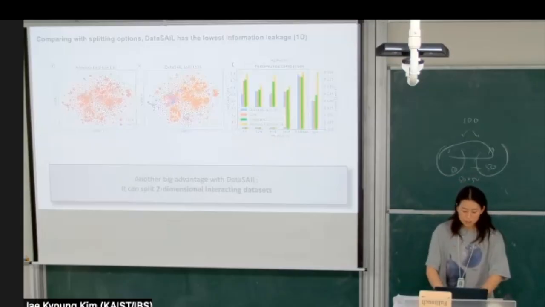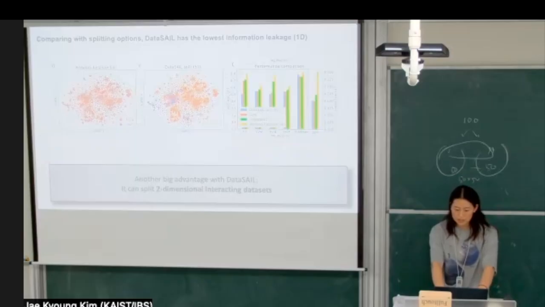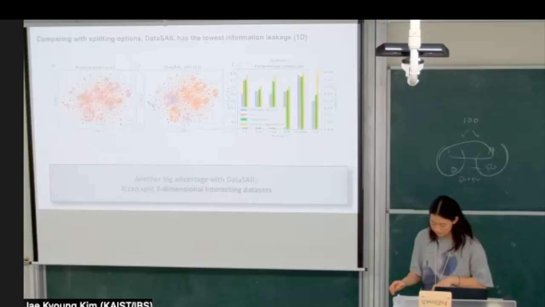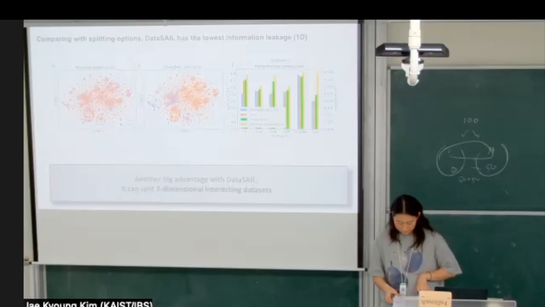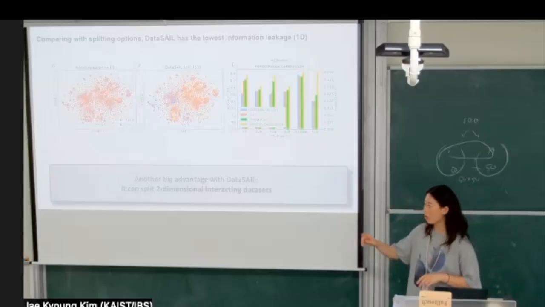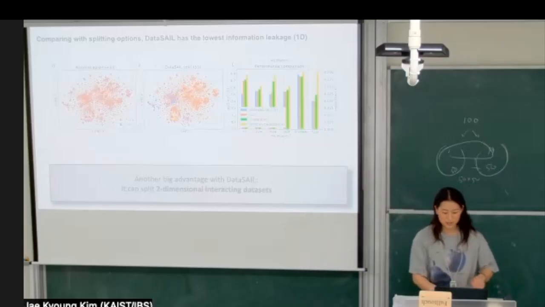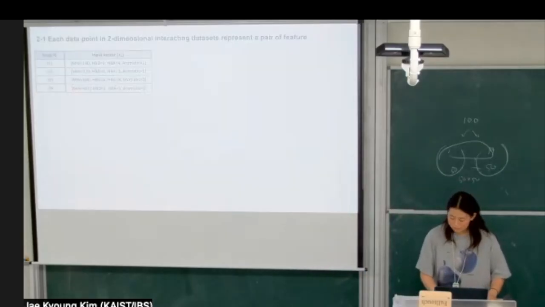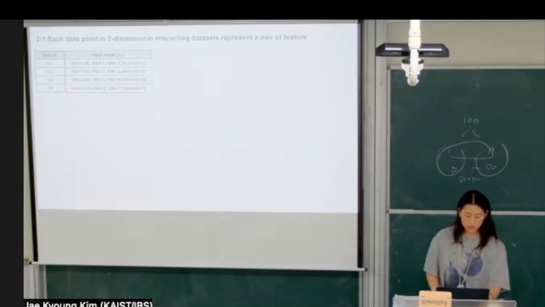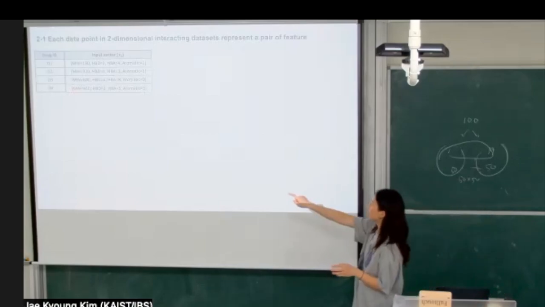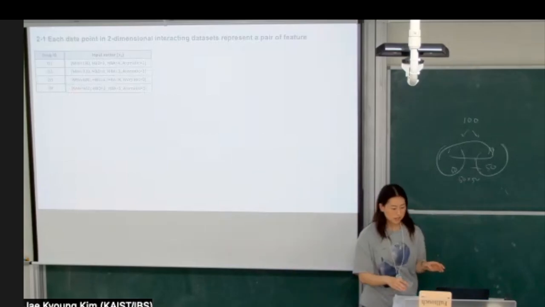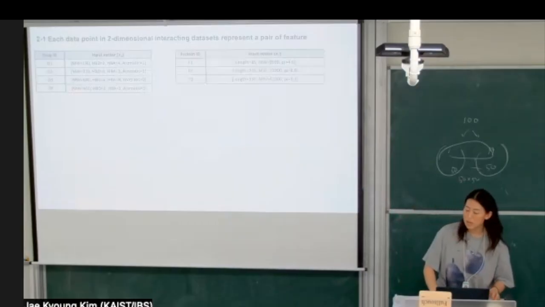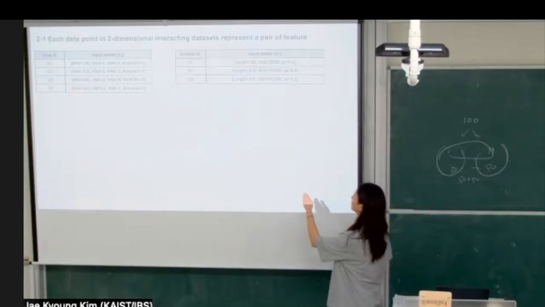So another part of DataSAIL is that it can split 2-dimensional interacting datasets, and that is what the R represented earlier. So we again have a drug ID dataset, and then let's say we have a new dataset, protein ID.